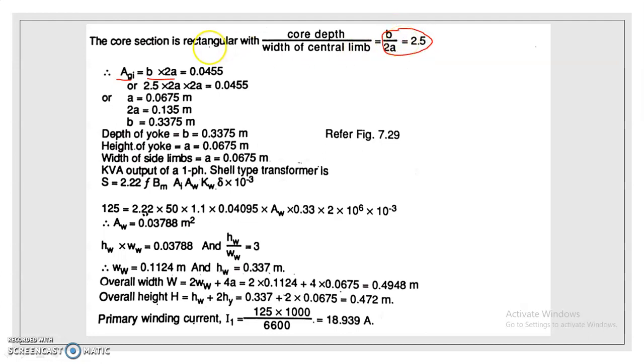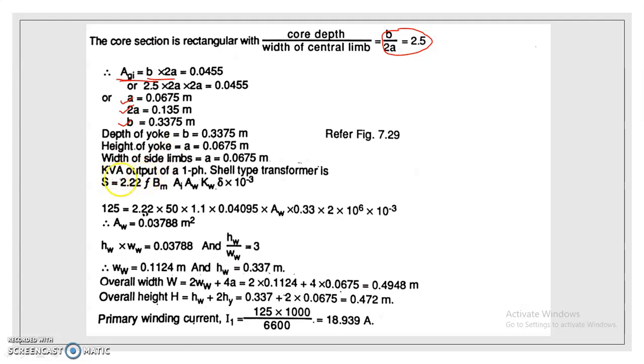By using these two relations, we can calculate small a, 2 times A, the central width of the limb, and small b, the depth of the core and yoke. Now the height of the yoke is A, the width of the side limb is A, and the central limb is 2 times A.